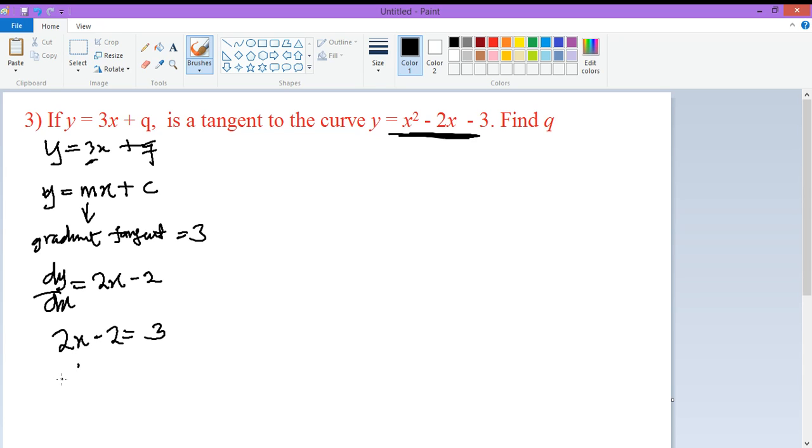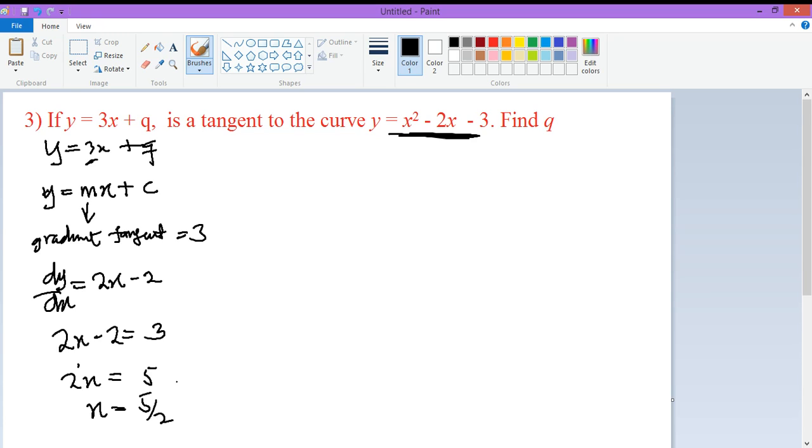So continue solving. We'll have 2x is equal to 5. That's when the 2 crosses, becomes plus. And our x becomes 5 over 2, or otherwise 2.5.